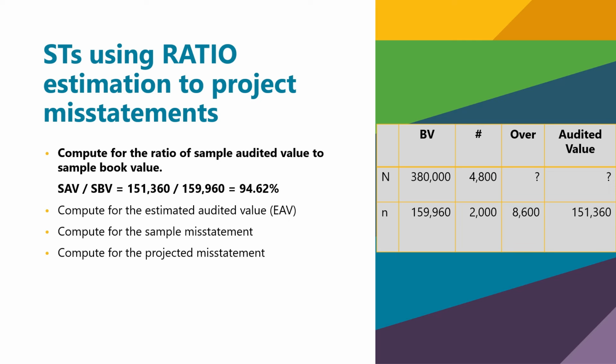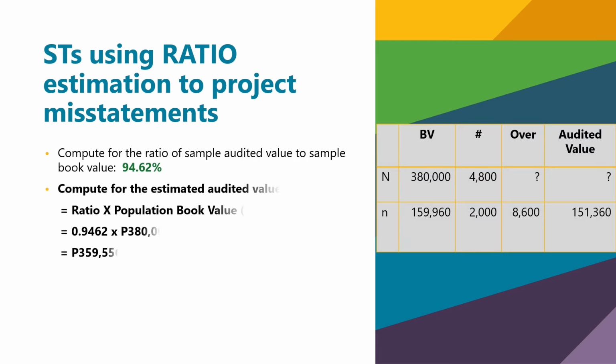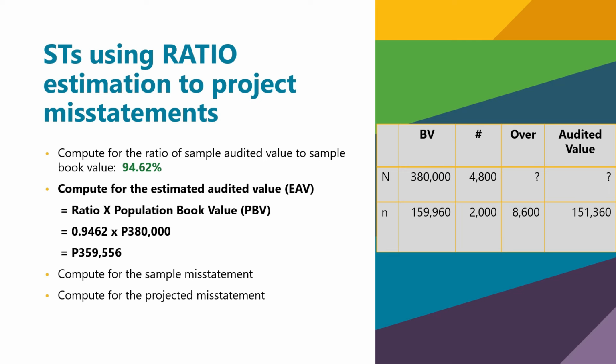Now, the next step is to compute the estimated audited value. We've already determined the ratio to be 94.62%, so our ratio will now be multiplied by the population book value. So we have 0.9462 multiplied by 380,000. This will come up with an estimated population audited value of 359,556.